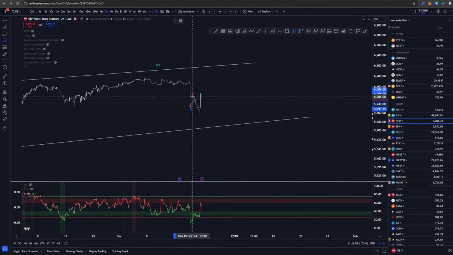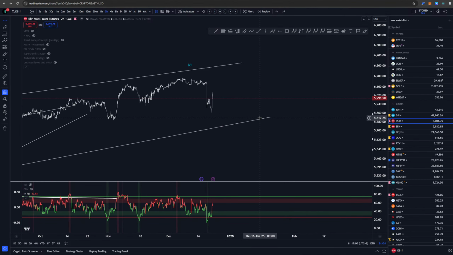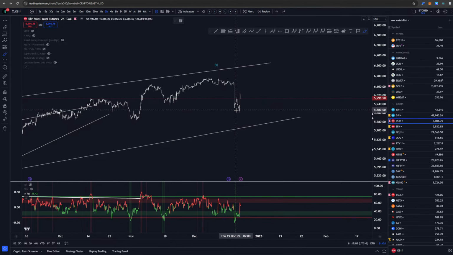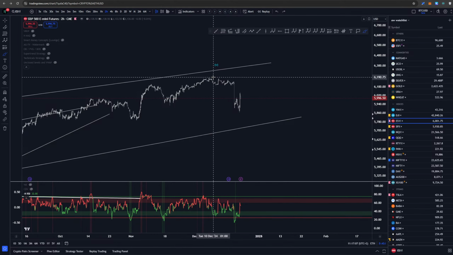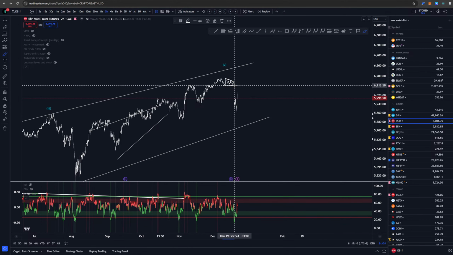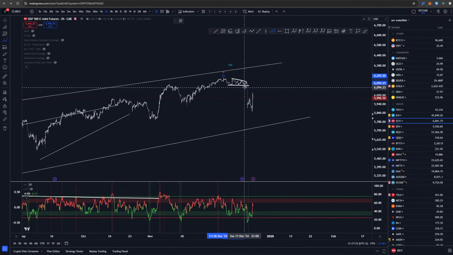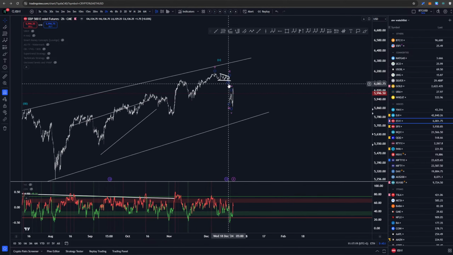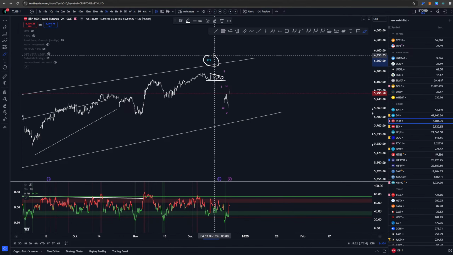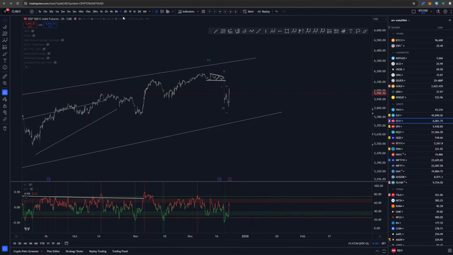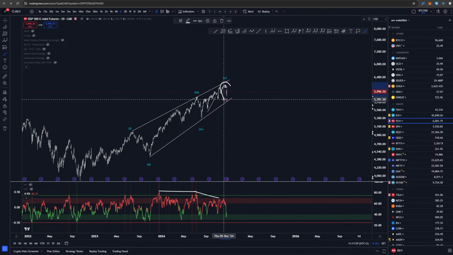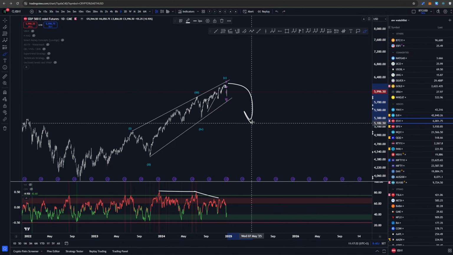This can easily be an ABC structure here, but there is also a chance that this is something new, where we would have some kind of diagonal here into 1, 2, 3, 4, 5, creating a 5-wave structure, which would be, again, the start of something, if this indeed is a fifth of something. If this has ended a larger structure, this could be the start of something new to the downside.